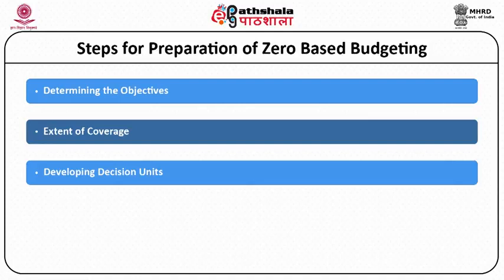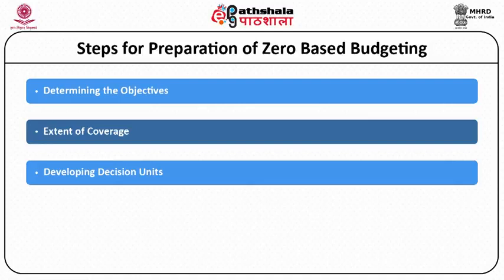It can be stated that for the convenience in understanding and analysis of the cost-benefit according to the alternative expenditure measures, the ZBB is implemented only on the selective decision units.